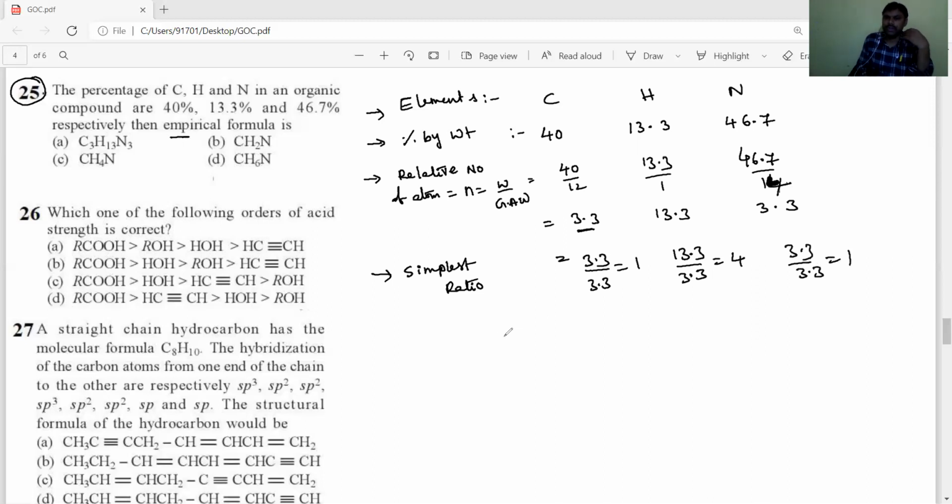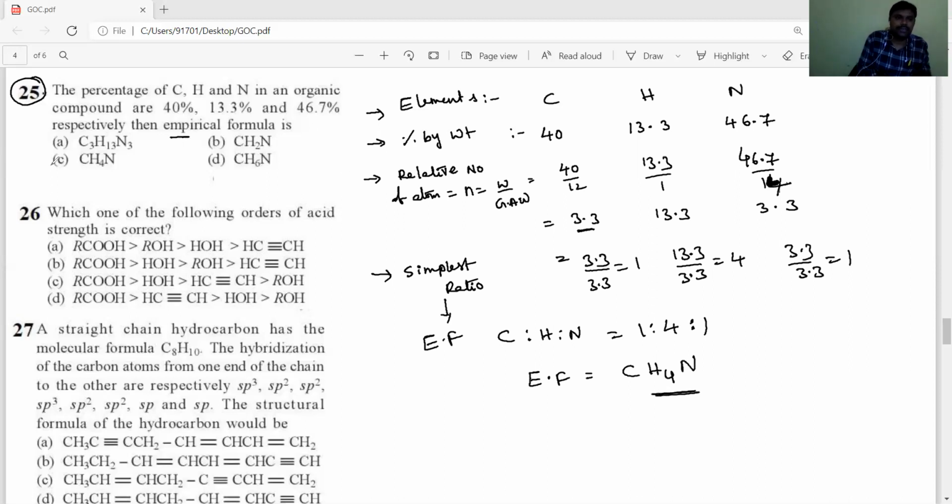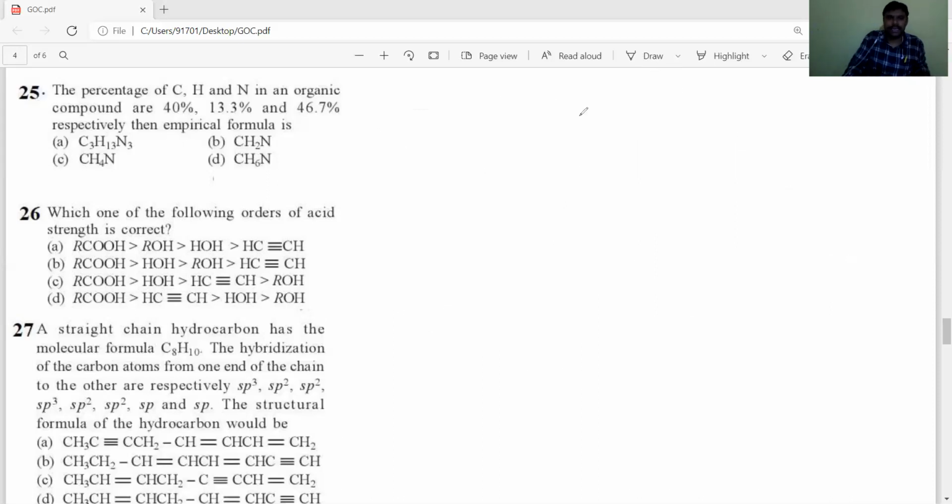So the simplest ratio carbon to hydrogen to nitrogen is 1 to 4 to 1. The simplest ratio is the empirical formula, so the empirical formula is CH4N. So the answer is the third option. Okay students, very important. Let's see the next question: correct acidic strength order. We know very well the acidic strength order of carboxylic acids.